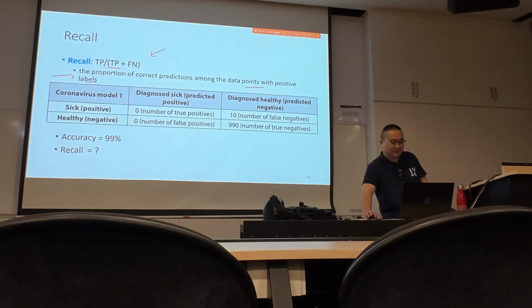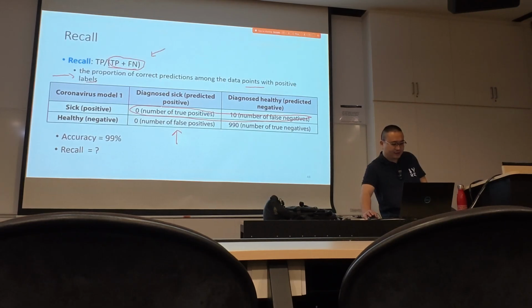And also we have false negatives. If you look at the confusion matrix, we want to sum up the first row, because the first row contains all the positive data points. So they are true positives and false negatives. And these are the denominator.